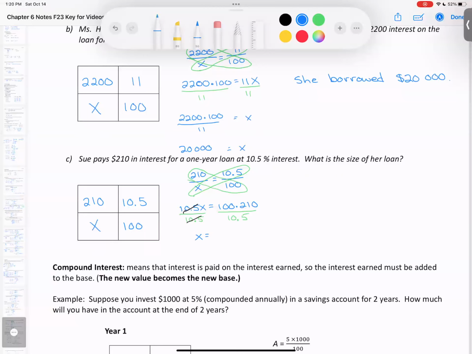And so we're left with, let's calculate that out. And I get 2,000. So her loan is $2,000. And that's it for simple interest.